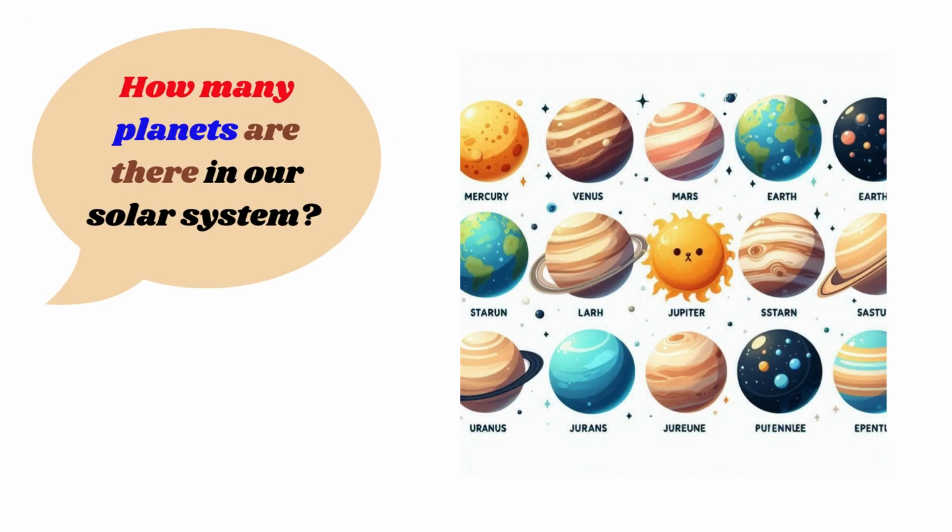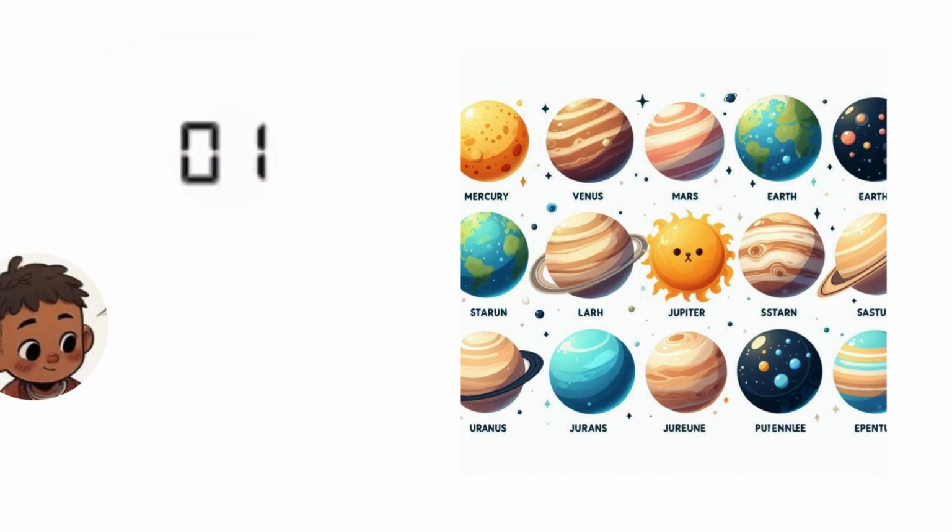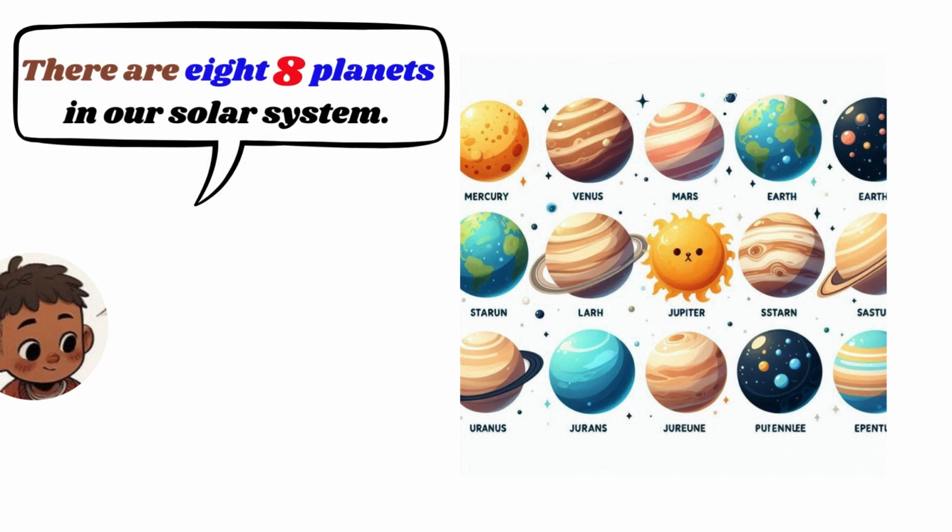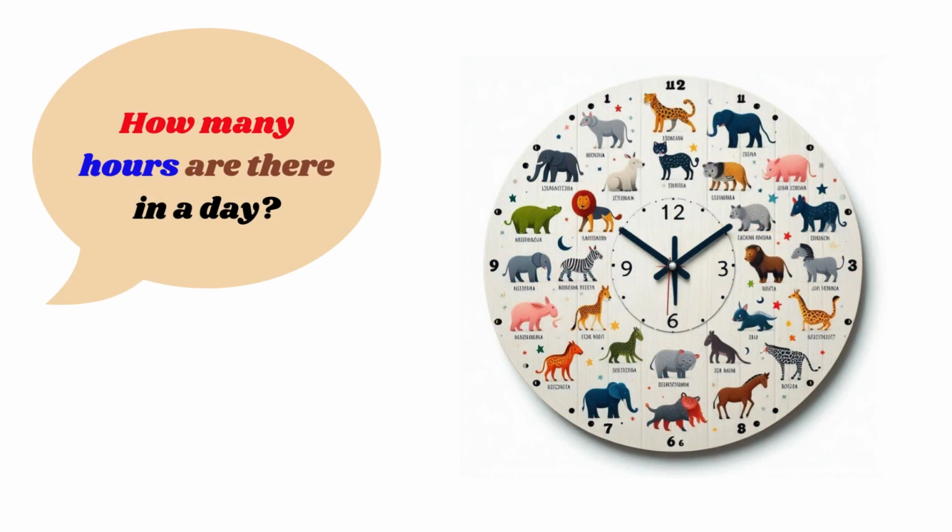How many planets are there in our solar system? There are 8 planets in our solar system. How many hours are there in a day?